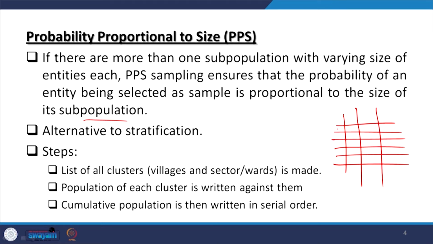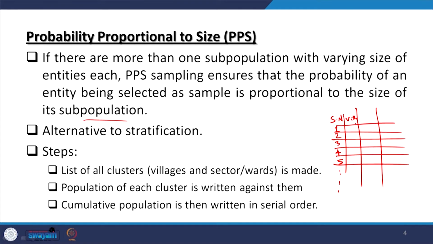We write serial numbers 1, 2, 3, 4 and so on, then the cluster number, villages, and we have to write down the population of the villages. If our cluster is defined as village, then let us write down its population.